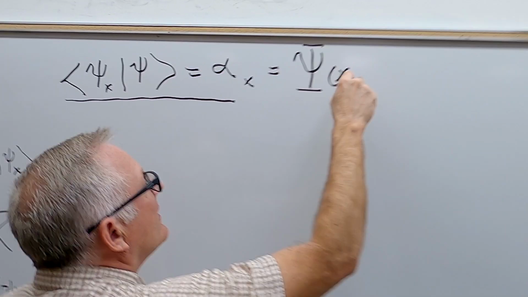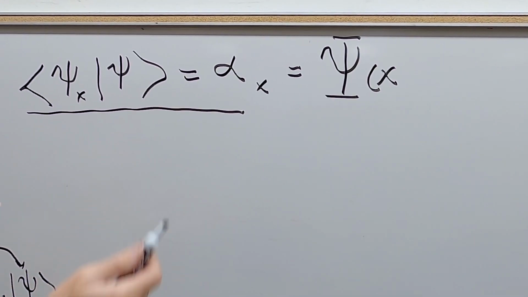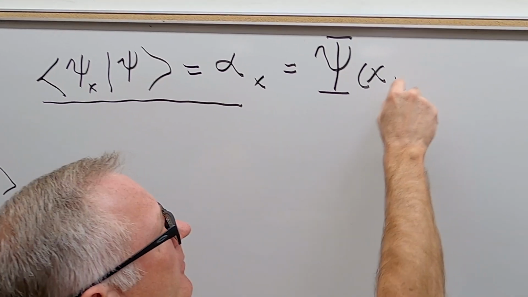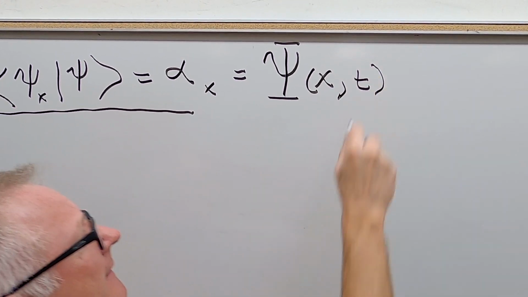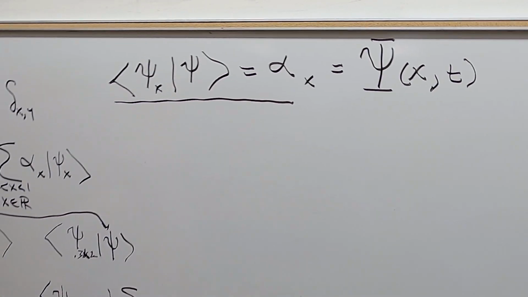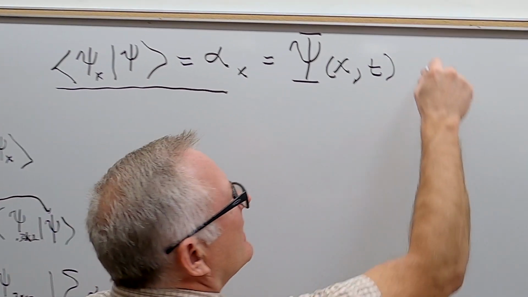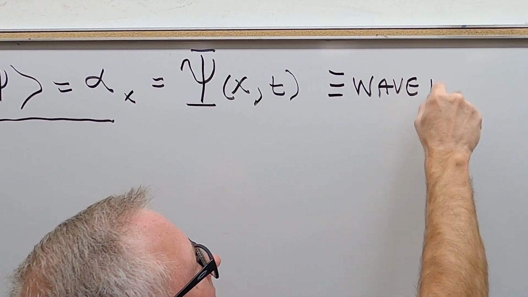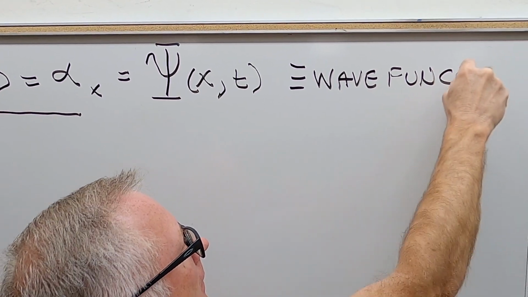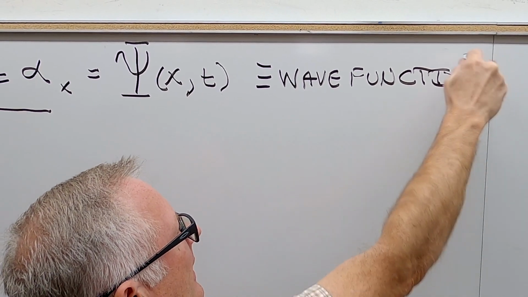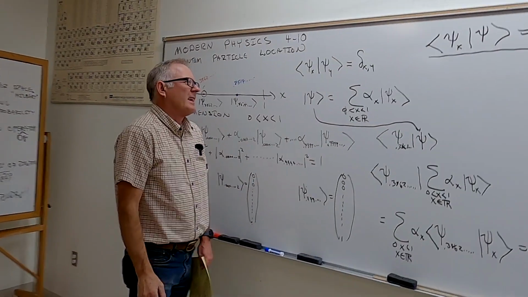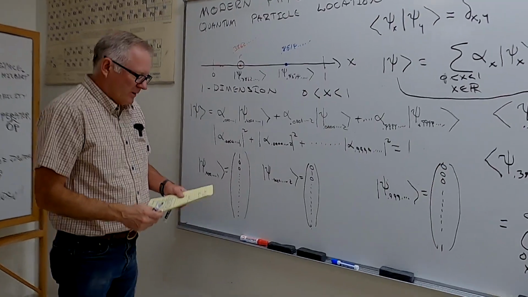It could even be a function of time, because this is the probability amplitude of finding the particle. It might be moving, so maybe we'll just put the time in there. And we're going to call it the wave function. Now the book starts out in quantum with the wave function, but they never really said where it came from. Well, this is where it's coming from.